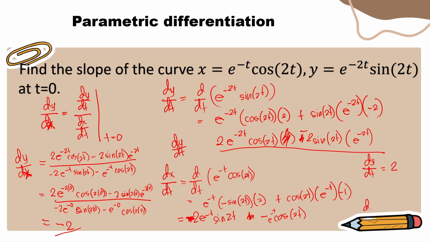Then our dx over dt is simply equal to negative 1. So since dy over dt is 2, and dx over dt is negative 1, we will have our answer of negative 2. So, either way, we will arrive at the same slope, which is negative 2.